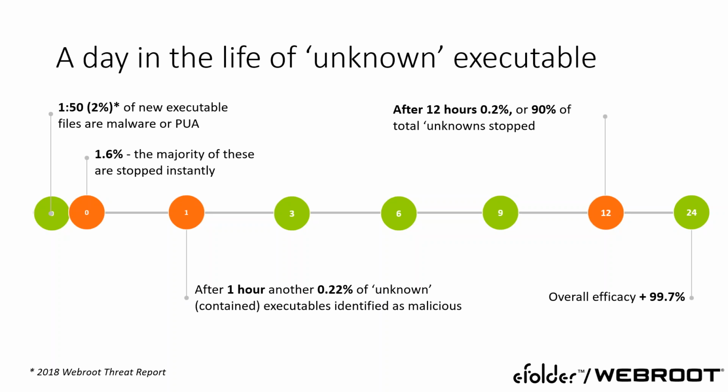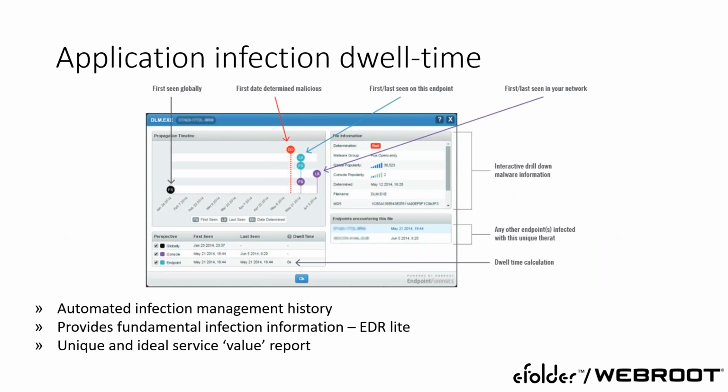We actually buy ourselves time through various strategies, and over a period of time decide with very high accuracy whether that application, files and processes are actually malicious or not. And that gives us a very high overall efficacy. It also gives us the ability to report on what we're finding as well. So if you've got unknown applications running in an environment, I'll show you some website things, I think, if you're using our product, but even if you're not using our product, you can look at MD5s and see if we know about it.